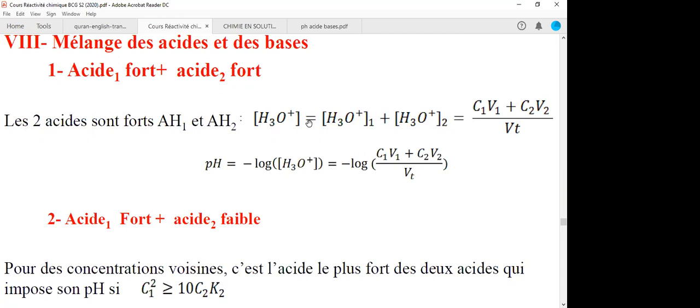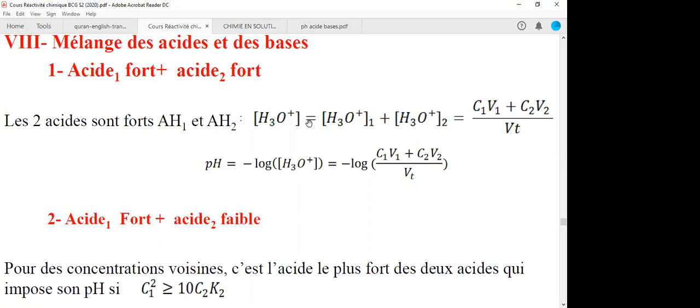So get it, we have two strong acids put together. One acid is going to give out a certain number of moles of H3O+, and the other acid is going to give out a certain number of moles of H3O+.